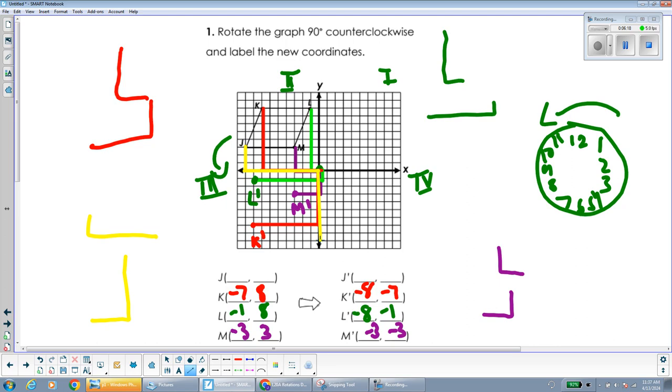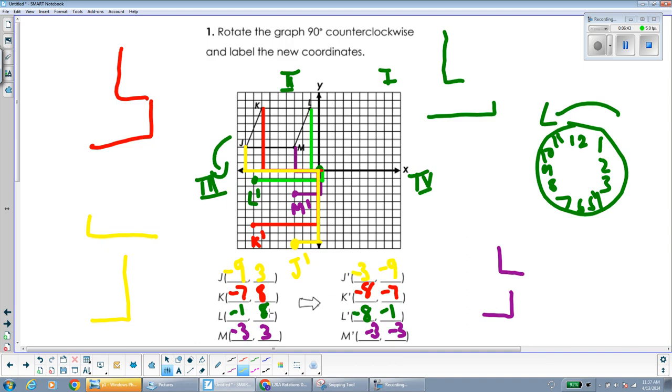So 9. And then in the other direction, it was 1, 2, 3. And that is our point J prime. So the original point J was negative 9, 3. And now the rotated point is negative 3, negative 9.